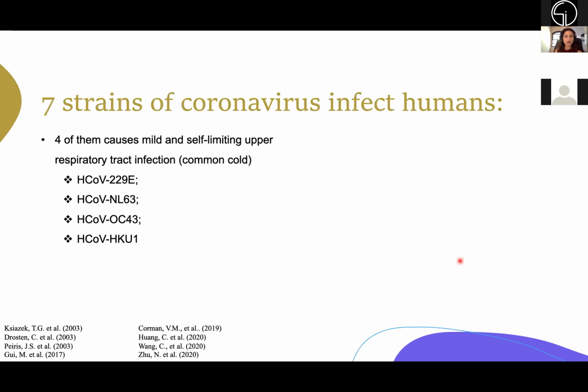There are 7 strains of coronavirus that infect humans. 4 of them cause mild and self-limiting upper respiratory tract infection, with symptoms very similar to the common cold. And those 4 are also found here in Brazil, okay?